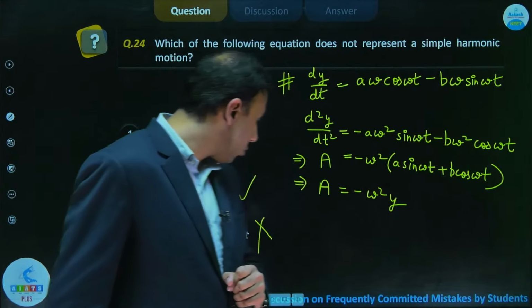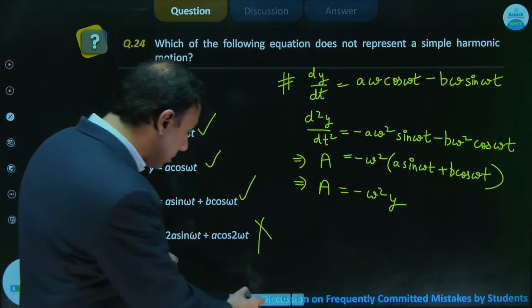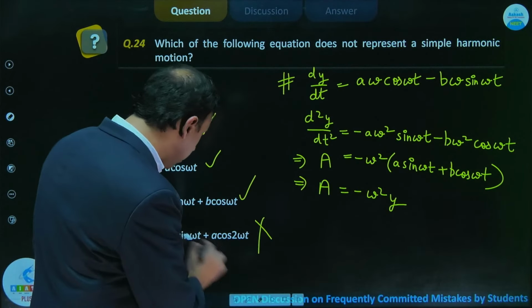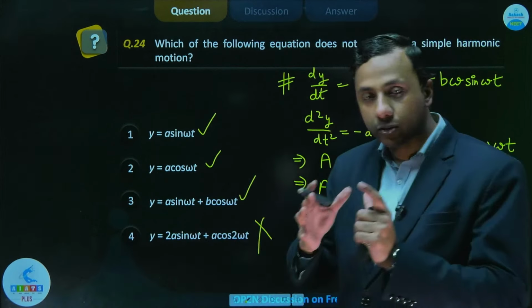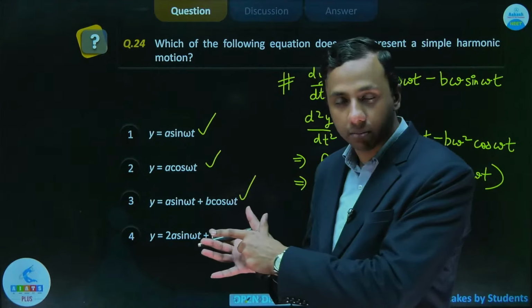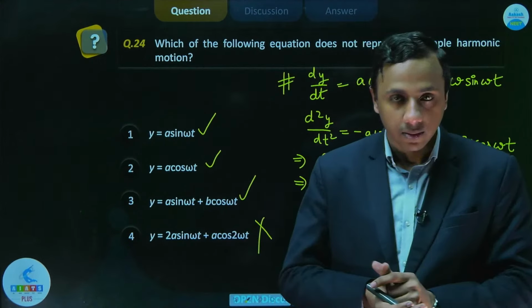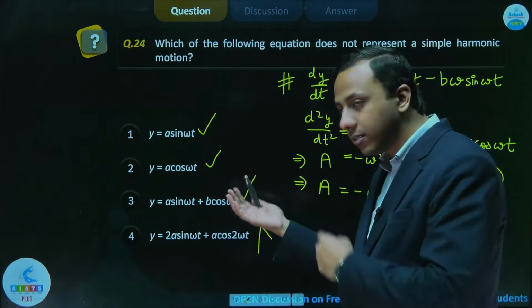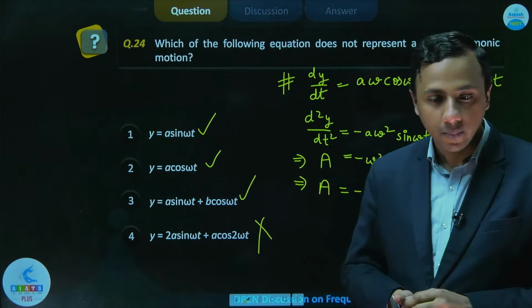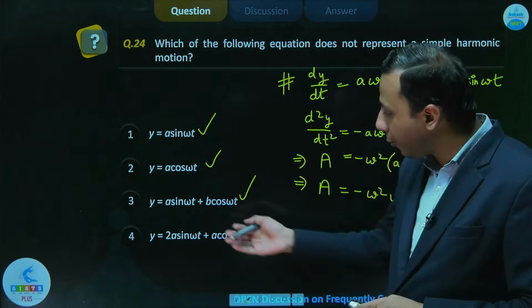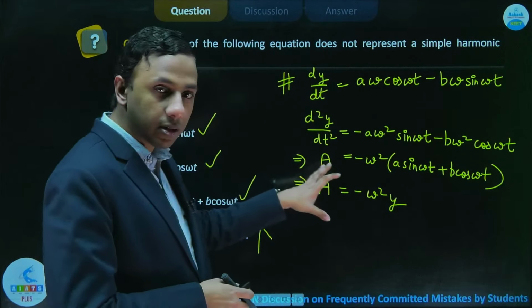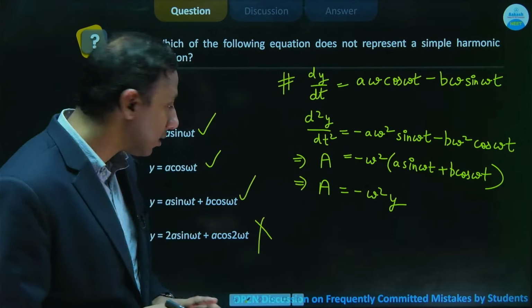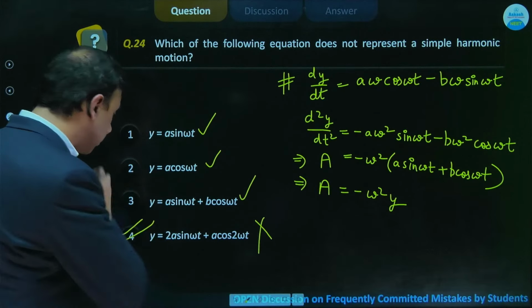So this equation is like a superposition of two separate SHMs with different angular frequencies, so their result is not going to be an SHM. You can remember it this way, but if you want, we can use the simpler method, that is simple derivation, and find out also. So the fourth one is going to be our answer.